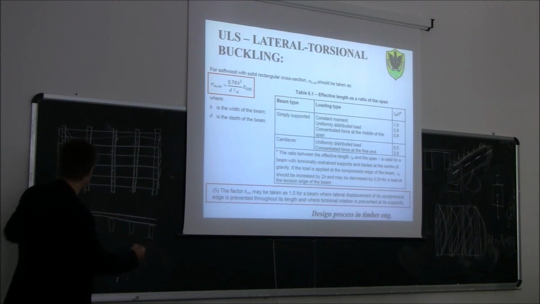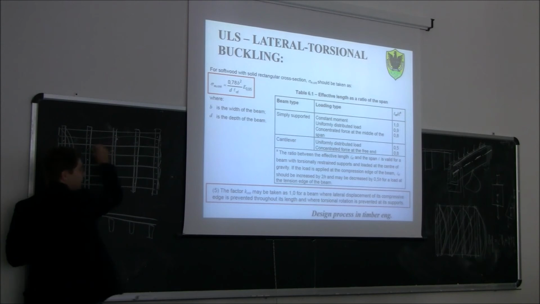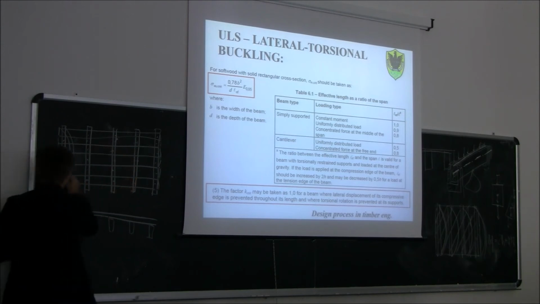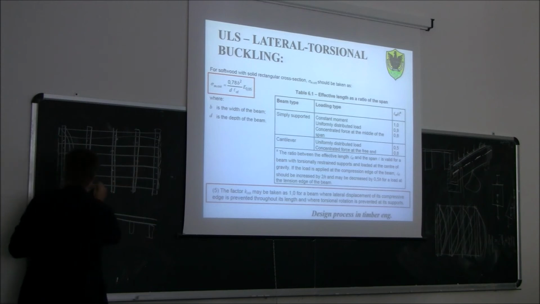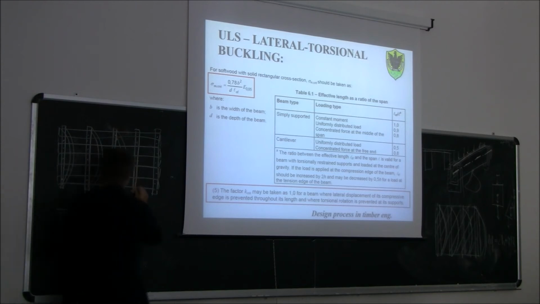So this one is going to buckle, and then, since there is no two-dimensional structure here, this displacement is transmitted by each board to the other beam. So you have a phenomenon like this. They are all buckling together.